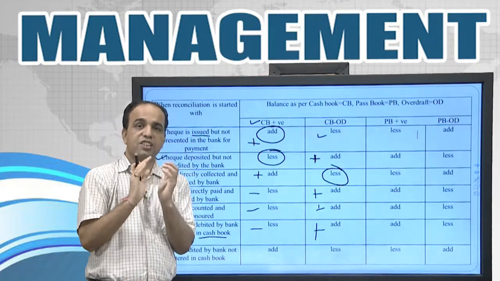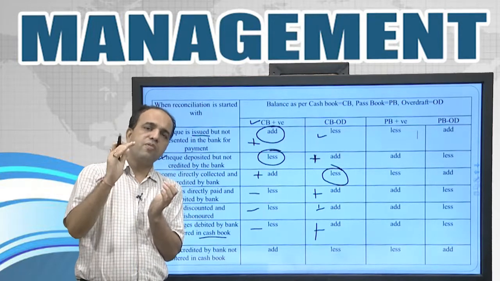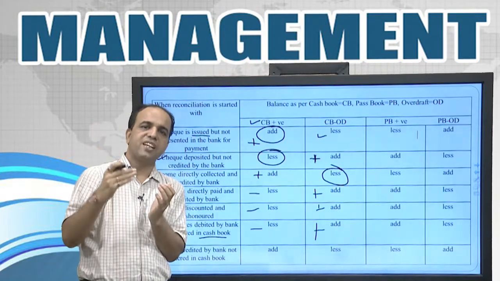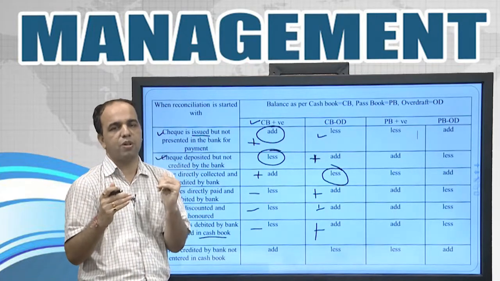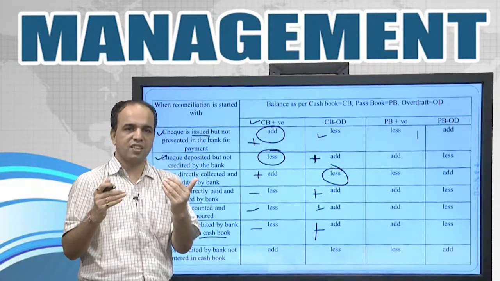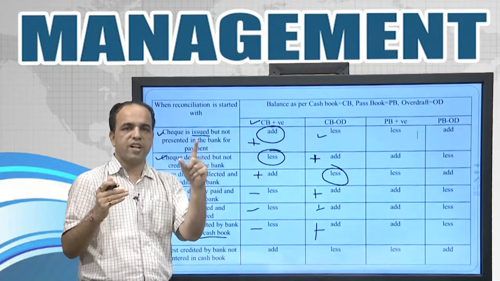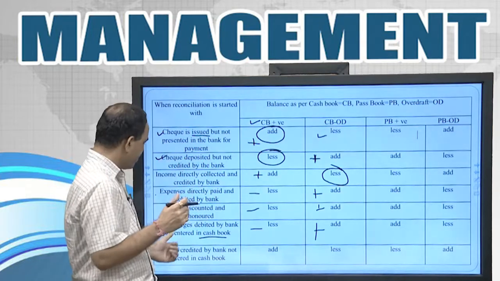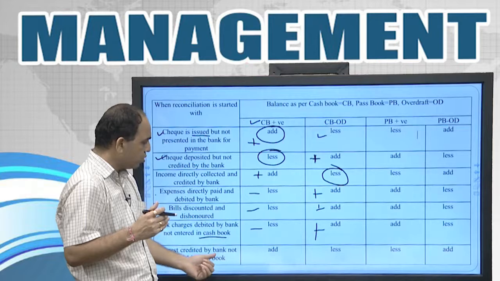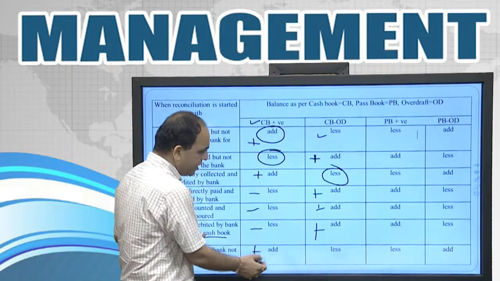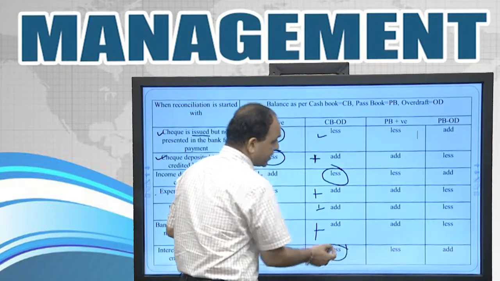See, this is logical, because we already have a minus amount, and if charges are there, we cannot deduct it, otherwise it will reduce the minus amount. So ultimately, reduction in charges, if it is an overdraft, means we have to add it. Interest credited by bank not entered in the cash book, so of course we have to add it, and vice versa, we have to less it.